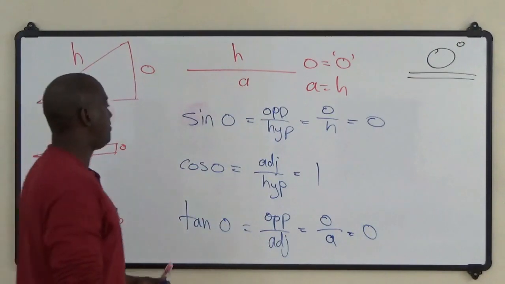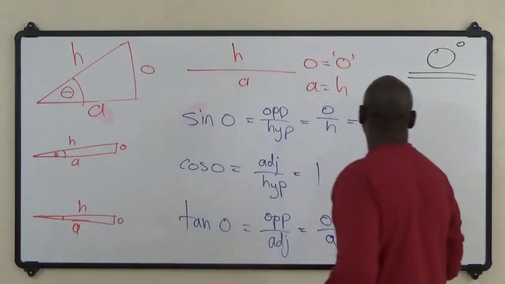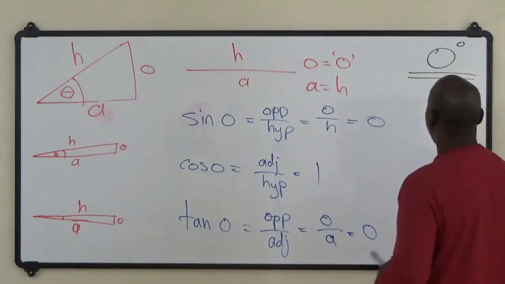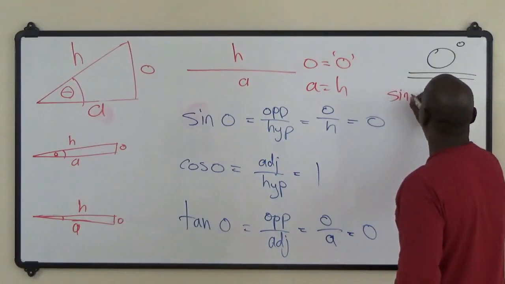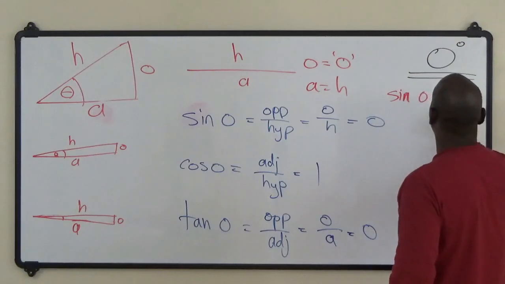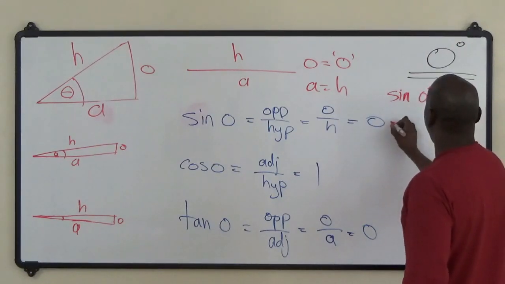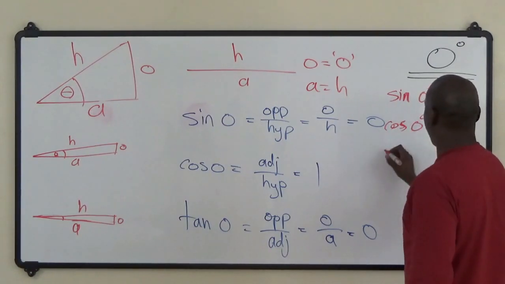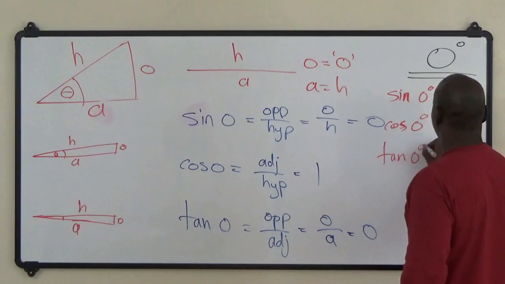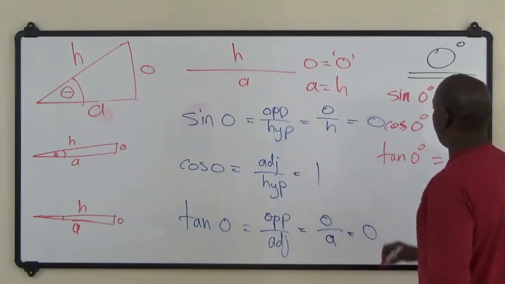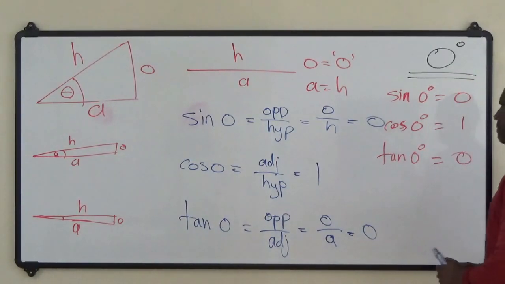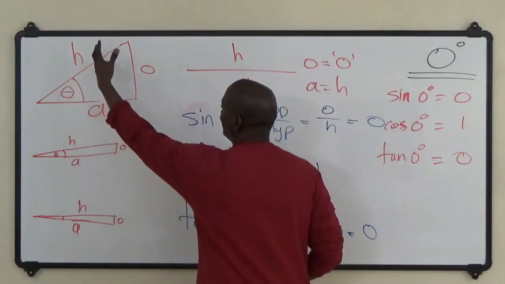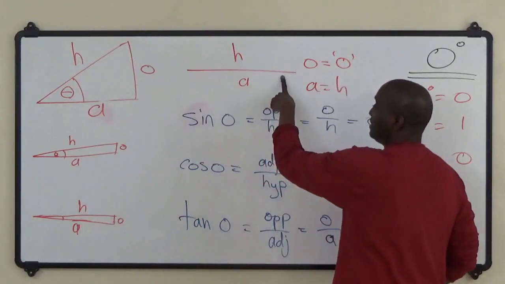So, in the final analysis, we can say that the sine of 0 degrees is equal to 0, the cosine of 0 degrees is equal to 1, and the tangent of 0 degrees is equal to 0. All right? So, we explain what it means to have theta being equal to 0.